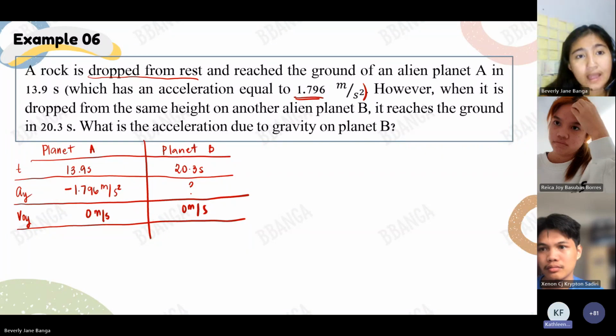Same height sila, ma'am. Okay, that's correct. Sino sumagot? Fresnido po. Okay, Fresnido, Kathleen. So, same height sila. Tama.